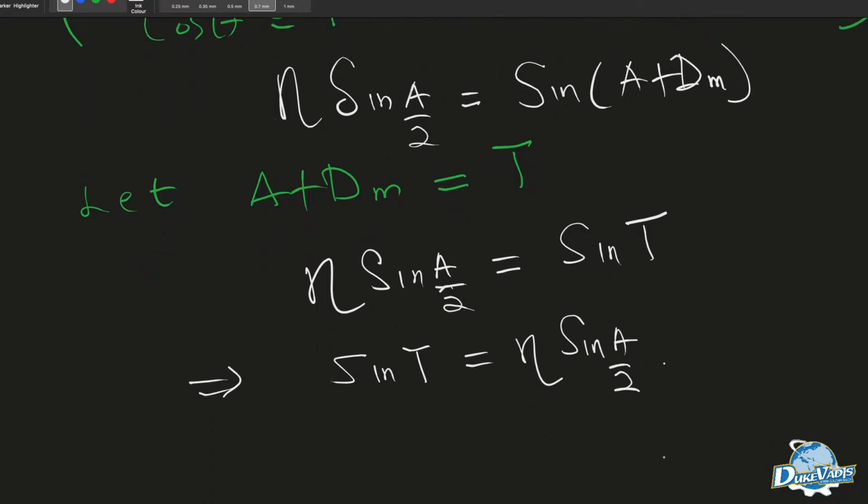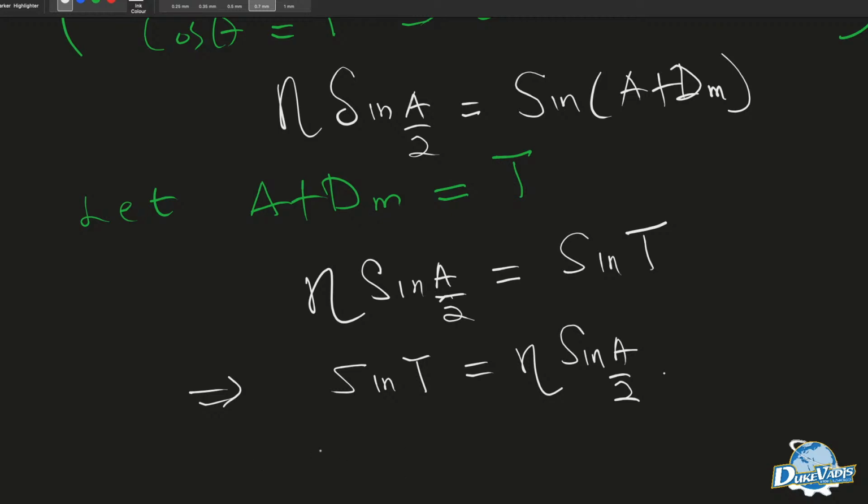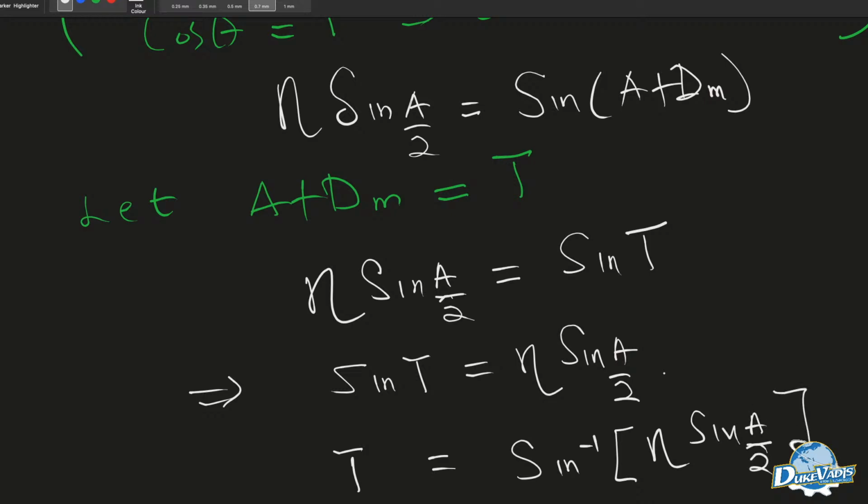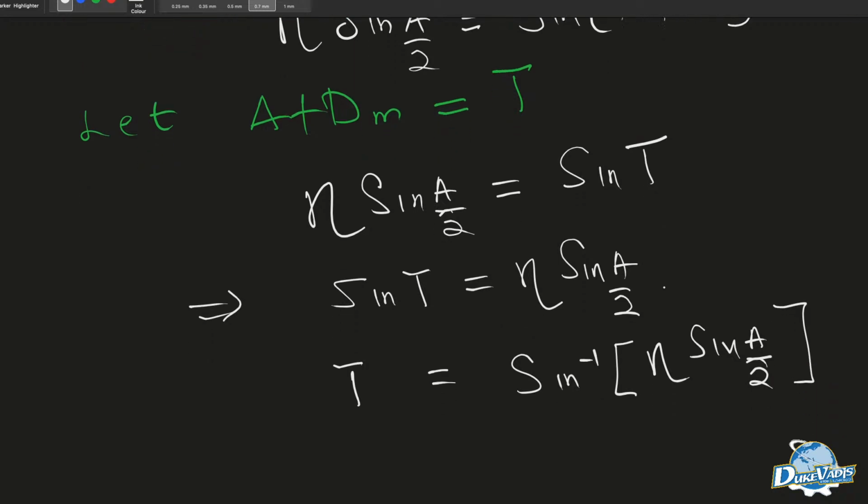To make T the subject, I'll say T is equal to sine inverse of n sine A over 2 in brackets. Have you seen it? All we did was to put A plus D subscript M equal to T, so that it doesn't become so much on our eyes.